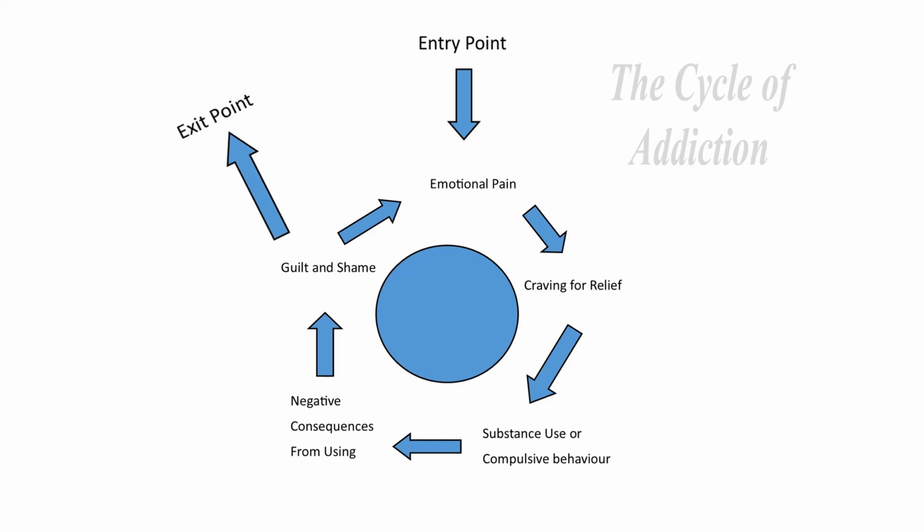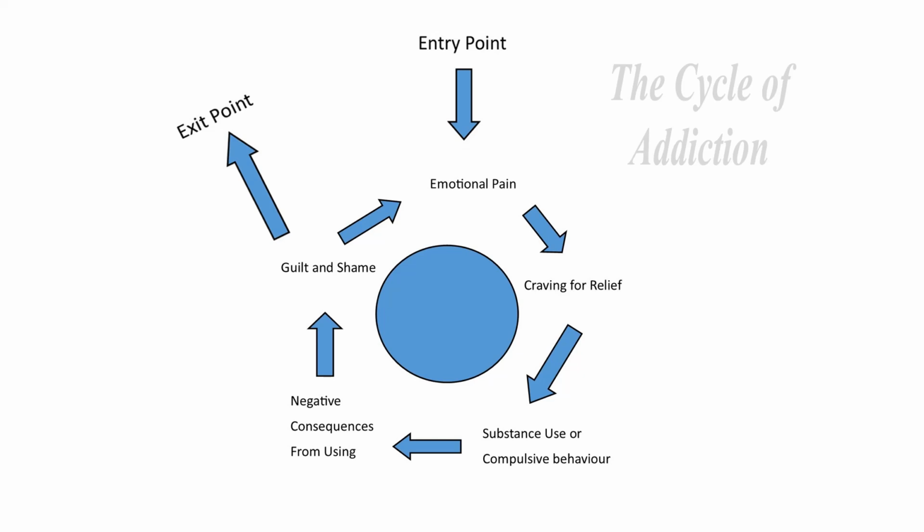The entry point to addiction is any kind of emotional pain, whatever it might be, leading to a craving for relief. And an obvious source of relief is substance use or compulsive behaviour. What normally follows from those, after the initial high, are negative consequences from using whatever it might be.